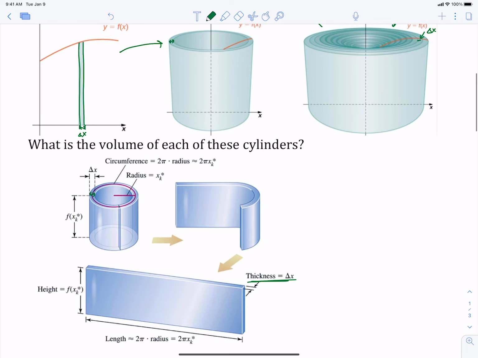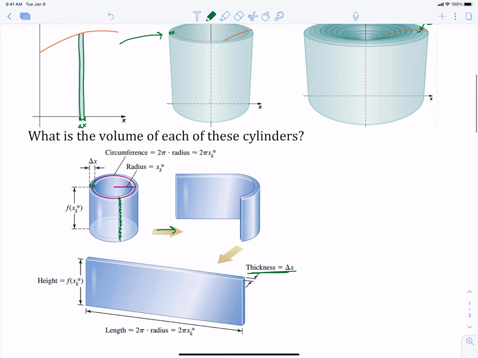And then our cylinder, if we take and cut it open right here on the side and unfurl it, which is what we're doing in this picture, that makes a rectangle. And the length of our rectangle is going to be the circumference of the top. That's why we need the radius. So this length is the same as that circumference.